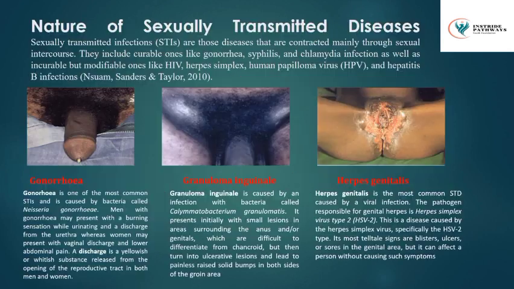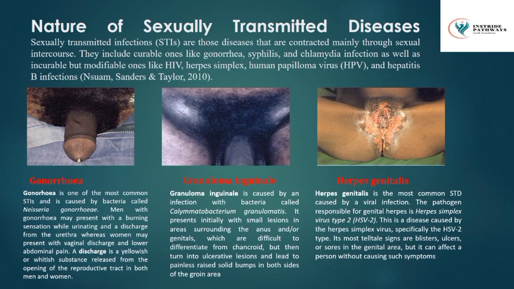Let's move on. So, the nature of sexually transmitted disease. What is it? We have been talking about sexually transmitted disease, STD. Sexually transmitted diseases or infections are those diseases that are contracted mainly through sexual intercourse.